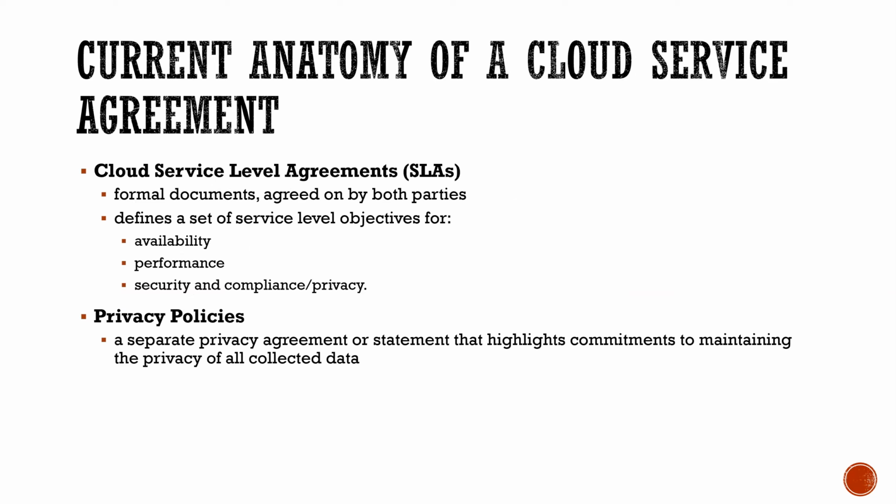Cloud Service Level Agreements, or SLAs, are formal documents, again legally binding, agreed upon by both parties, which define service level objectives for availability, performance, security, and compliance and/or privacy. The privacy policies are agreements that highlight commitments to maintaining the privacy and the protection of all collected data.